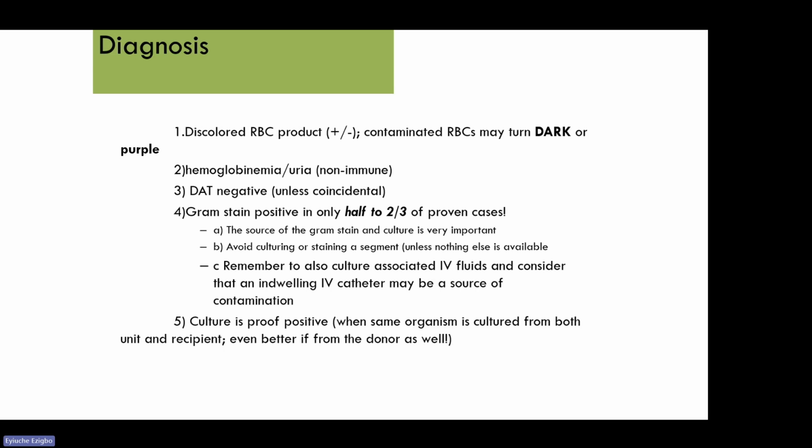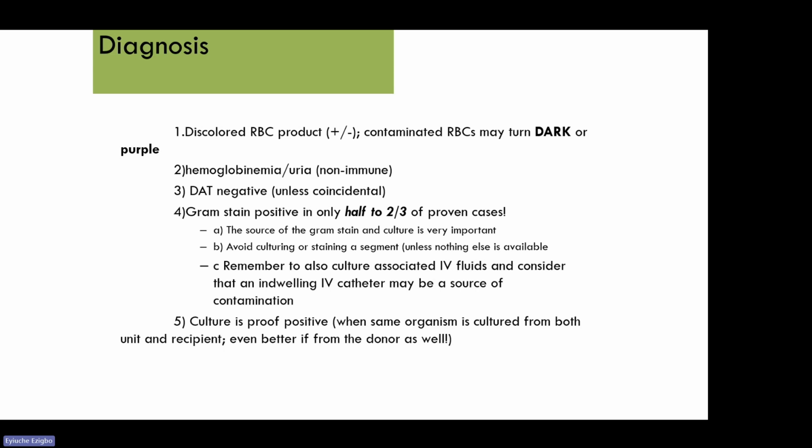So in a situation where we do the culture properly, aseptically, and we find out that an organism that was identified inside of the blood bag was also present in the donor, and also it's now being transfused to the recipient, now present in the recipient, there is more suspicion that the organism is actually coming from the donor.